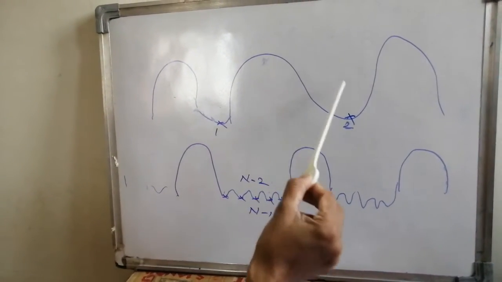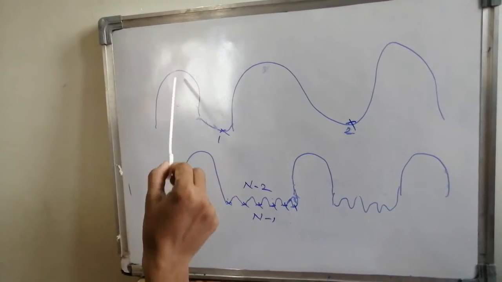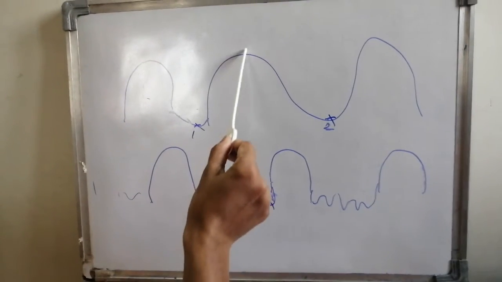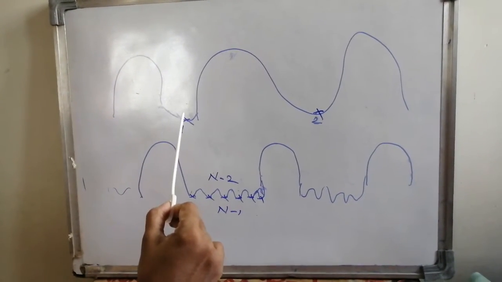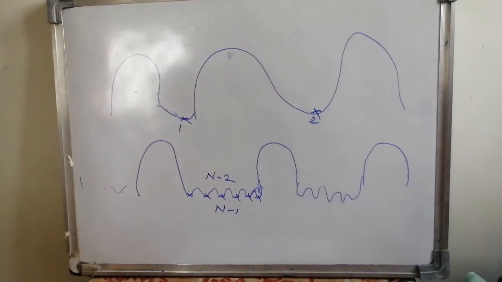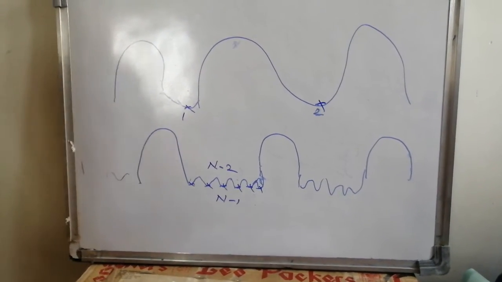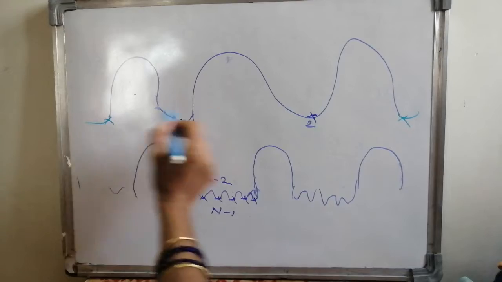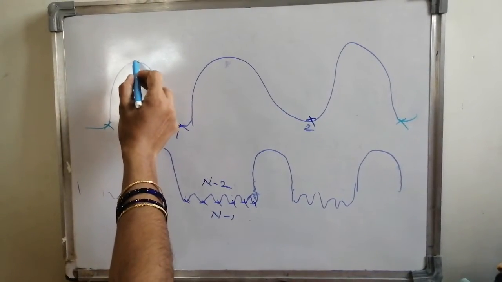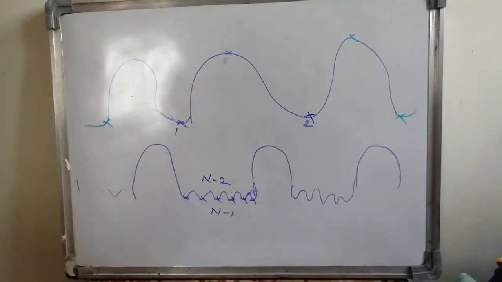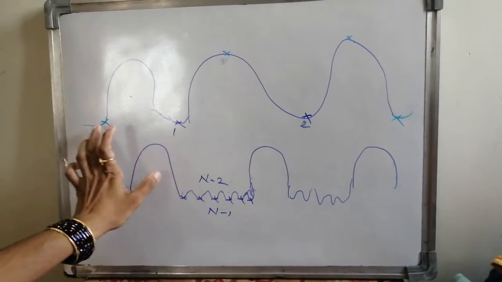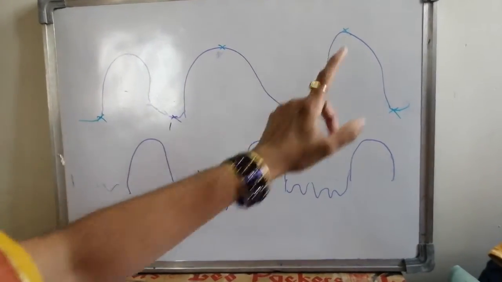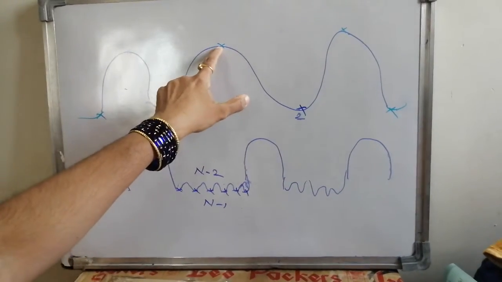In this graph: maxima, minima, maxima, minima, maxima. These two are minima, and there is one maxima between two minima. Similarly, this is also a minimum, this is also a minimum. In between these two minima, how many maxima are there? 1, 2, 3. For 4 minima you are getting 3 maxima, and for 2 minima you are getting 1 maxima.